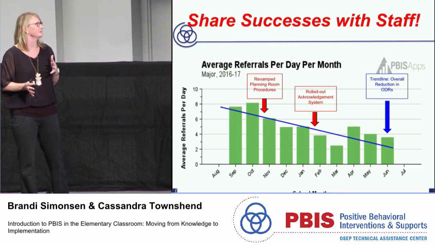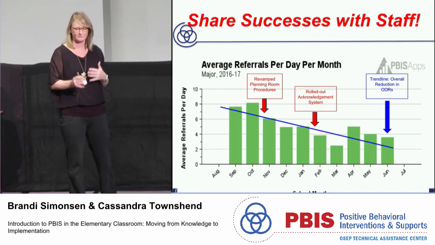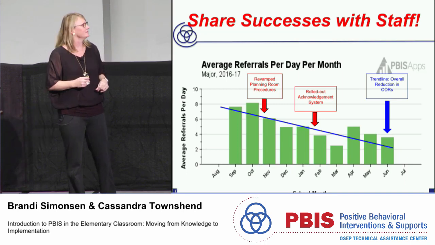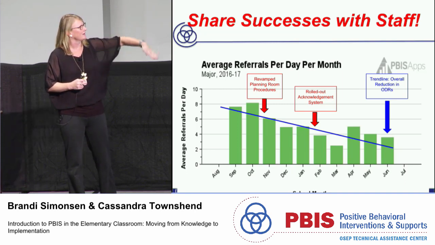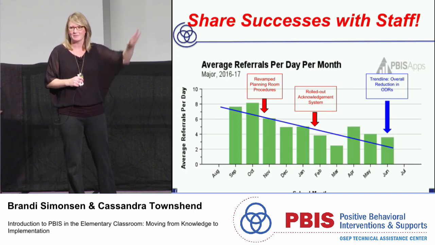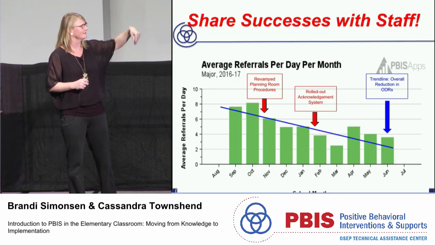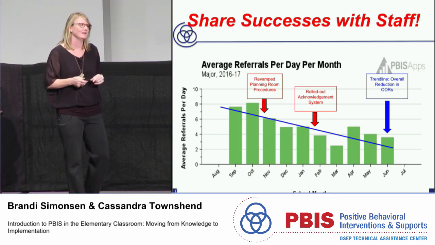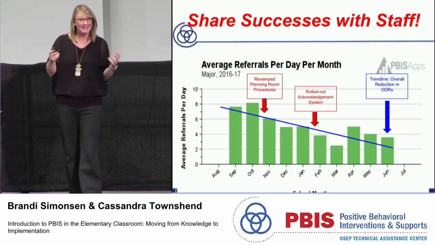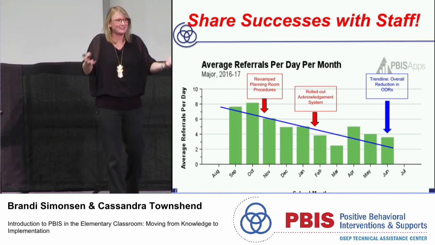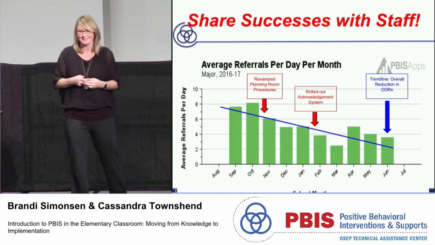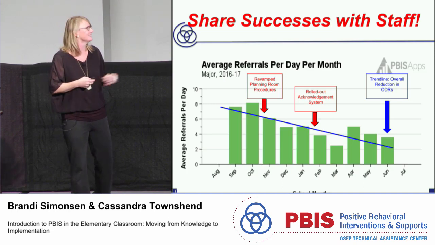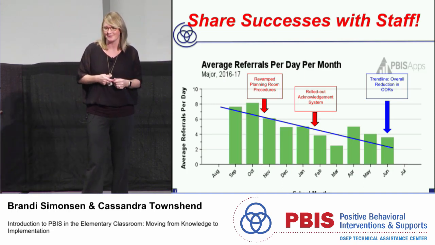We did a lot of pre-teaching and pre-correction. Then we rolled out the new acknowledgement system, and the overall trend line was pretty awesome. Compared to the year before, the bars were much higher. So we did a comparison, and we were able to show staff that based on their adult behavior change and effort to acknowledge students with positive behavior-specific praise, we actually saw outcomes for students. Our students were in the classroom more.